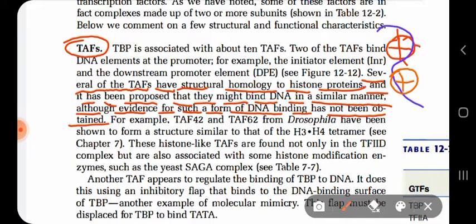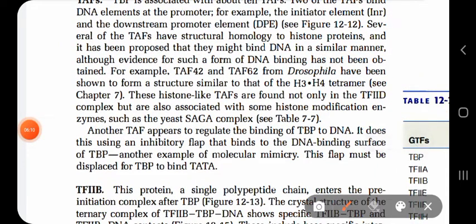There is more TAF. So other TATA box binding protein associated factors are also there, which appear to regulate the binding of TBP to the DNA.